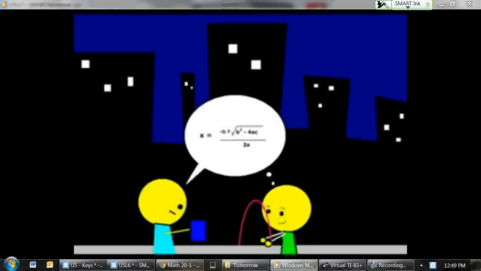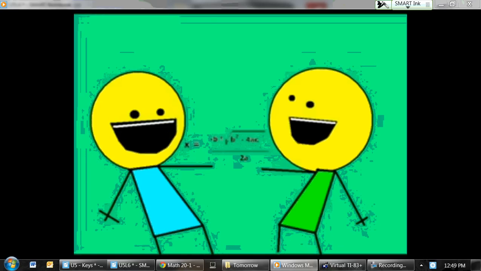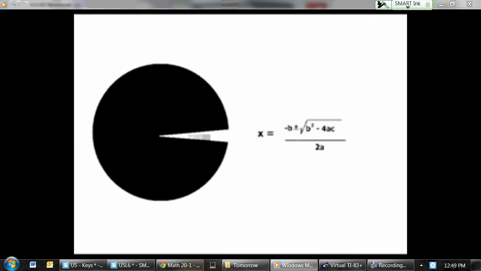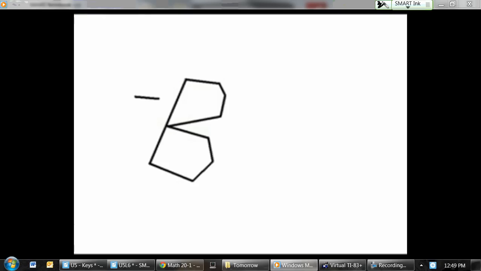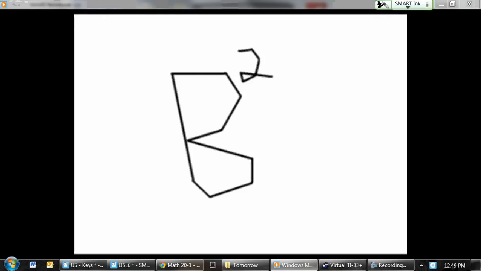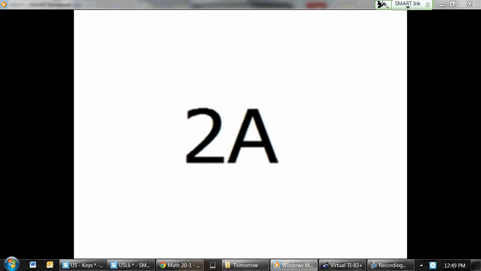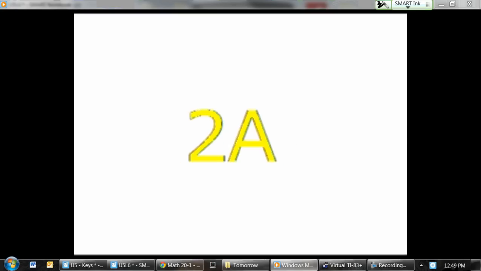Quadratic formula. Quadratic formula. The quadratic formula. And it's negative b plus or minus the square root of b squared minus 4ac over 2a over 2a over 2a.